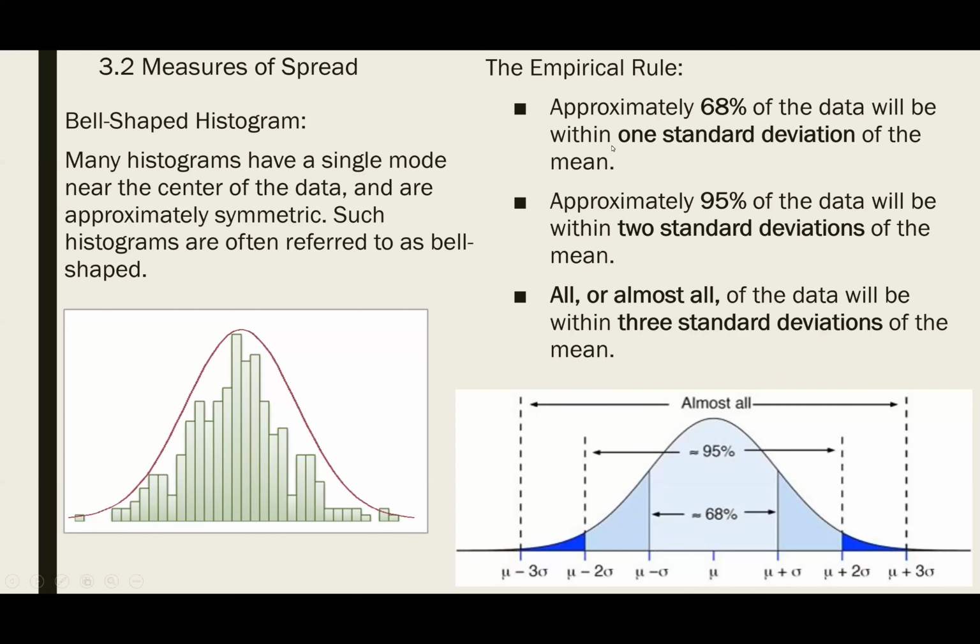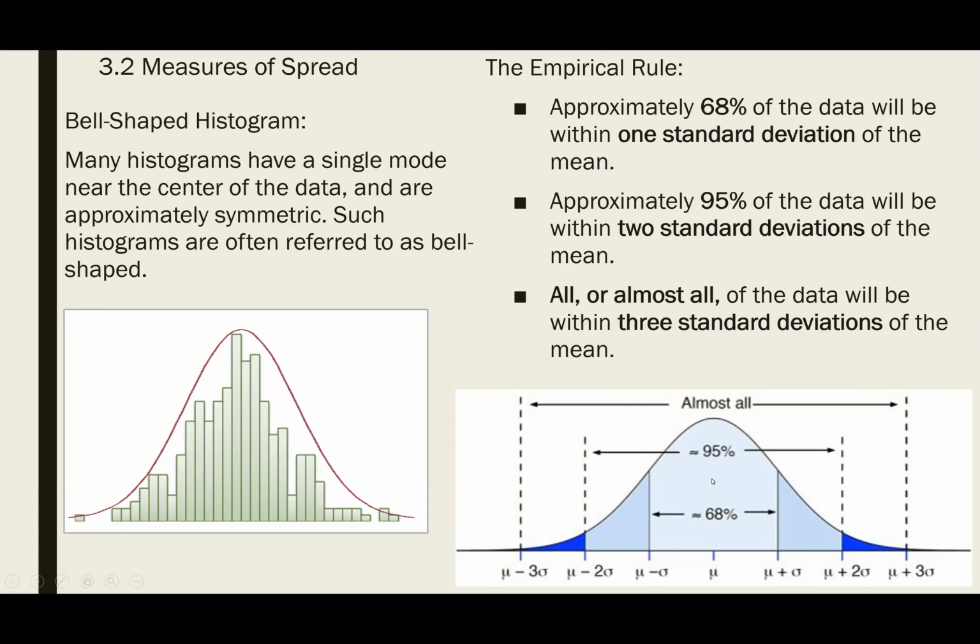Within one standard deviation means if you take one step to the left and one step to the right. So you will hear me say within one standard deviation, meaning how many steps we have to take. If we take one step to the left and one step to the right, that will consider 68% of your data.